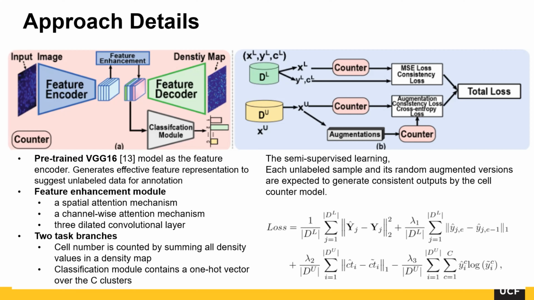The way they do this unsupervised learning is that they crop out a small region of the image, then they have another crop, which is basically an enlarged version of that bounding box.